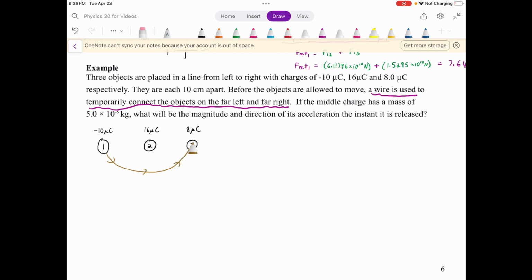Every time an electron arrives here, this gets a little less positive and therefore a little less attractive. And eventually, they have the same charge. This one has gained enough electrons and this one has lost enough electrons where they've met in the middle. So those two charges really do meet in whatever the middle of negative 10 microcoulombs and positive 8 microcoulombs is, right? The average of those two.